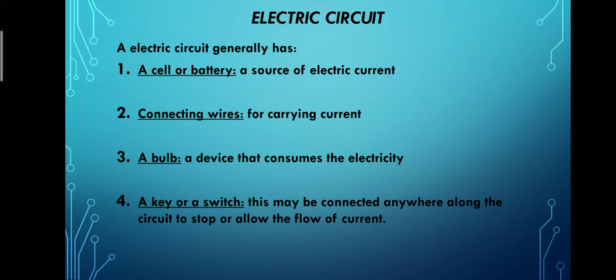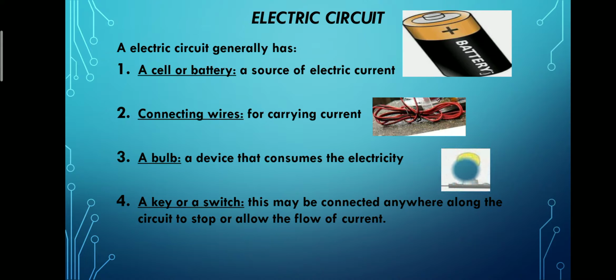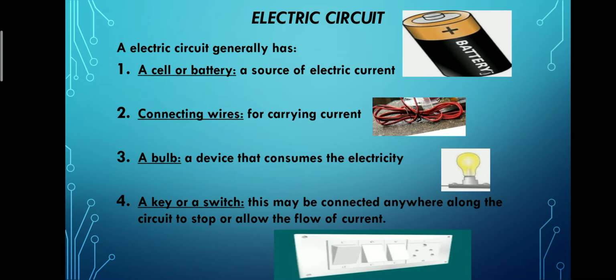And last is a key or a switch that may be connected anywhere in the circuit, so that we can stop or allow the flow of current at any point. So these are the battery, connecting wires, a bulb, and a switch.